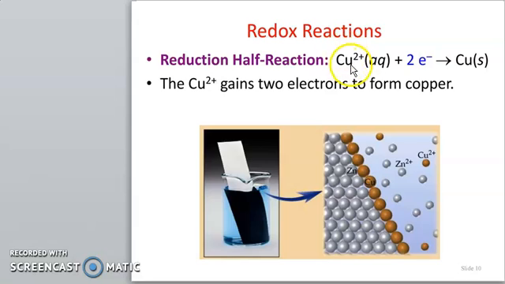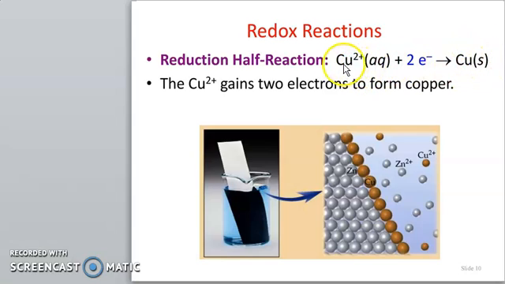Here is the copper 2+ in aqueous form, and when it gains 2 electrons, which come from your zinc, it becomes the copper solid form.